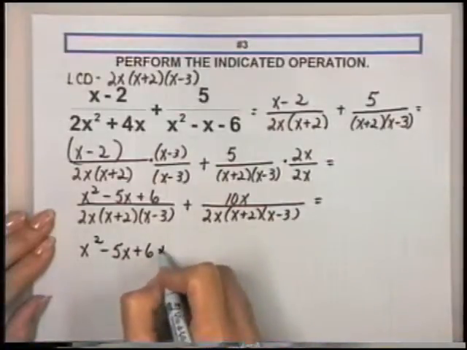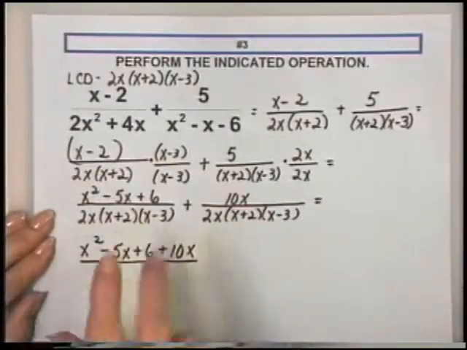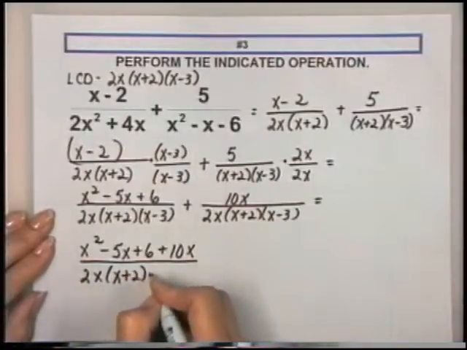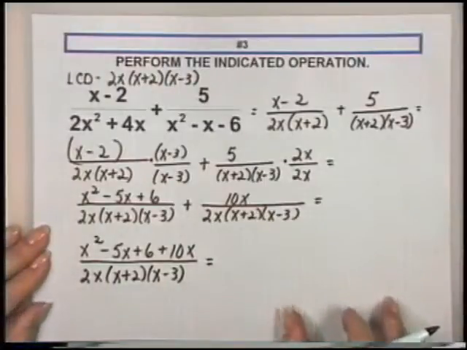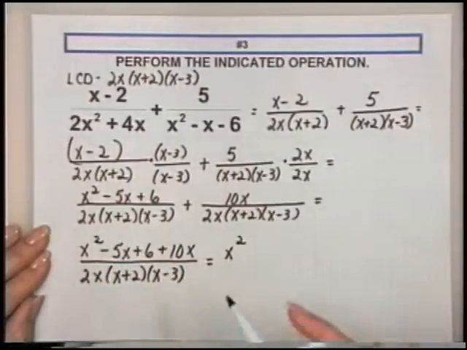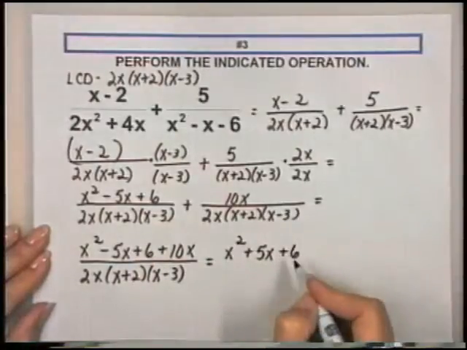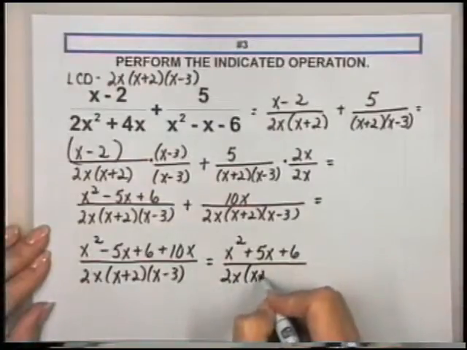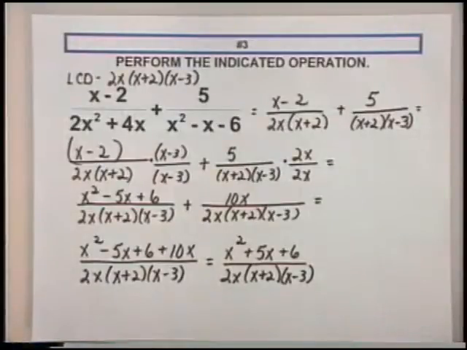I will have x squared, subtract 5x, plus 6, plus my 10x, all over the LCD as the denominator, 2x times x plus 2 times x minus 3. Combining like terms, I will write my x squared. Minus 5x plus 10x will give me a plus 5x, and I have my plus 6. Let's write the denominator.